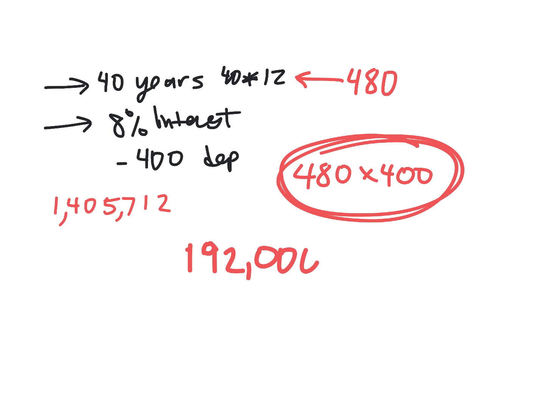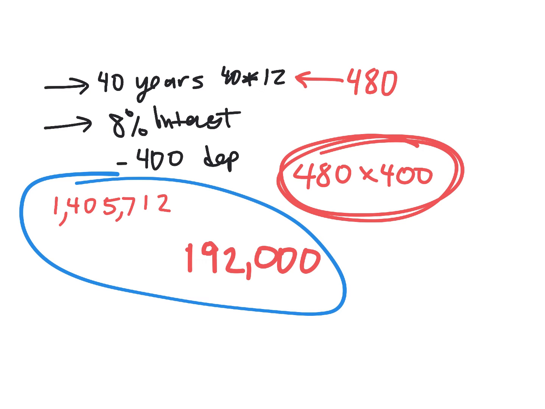That's how much you put in, but this is how much you've got. Look at the difference. You only put in 192,000, but you got 1.4 million. That's the magic of compounding interest. If the dude had just dug a hole in his backyard and put that in the hole, that's all he'd have: 192,000. $400 every month, just sticks it in the hole. You'd have 192,000. But if you invest it, 1.4 million.